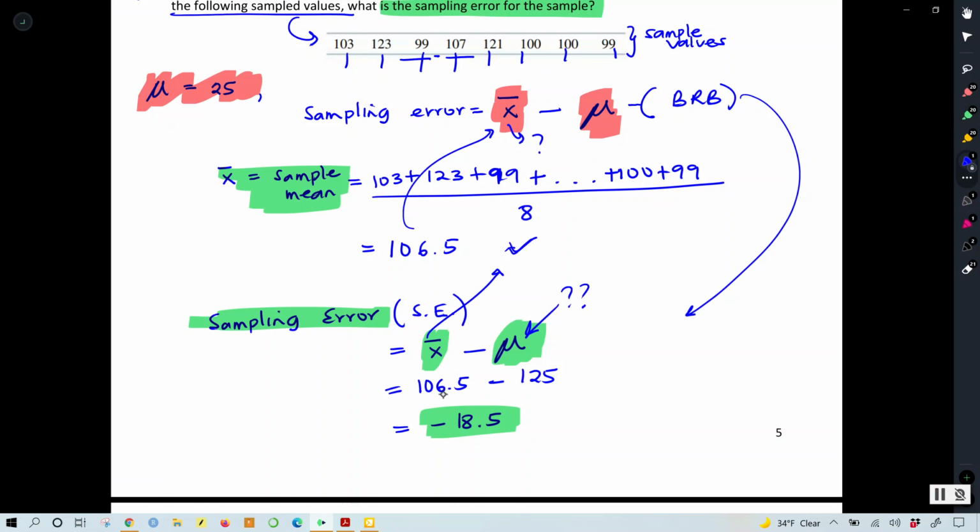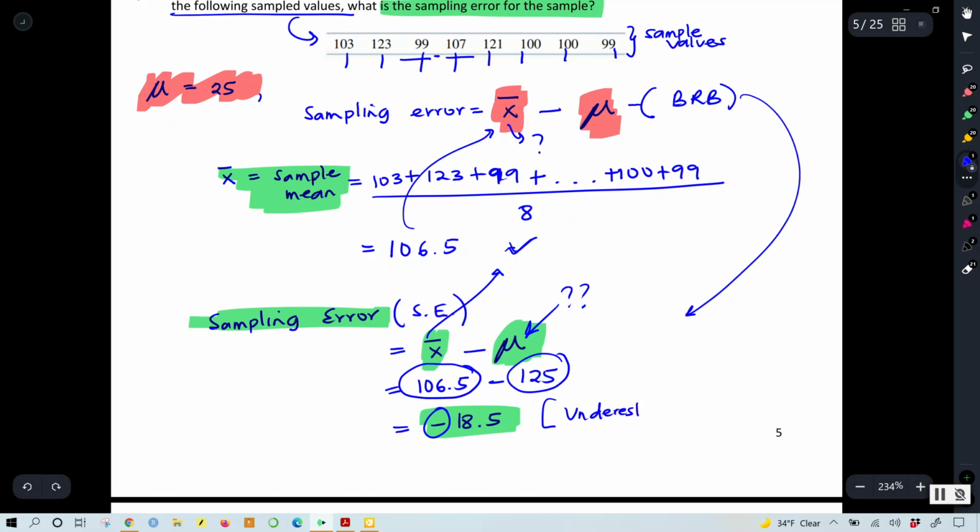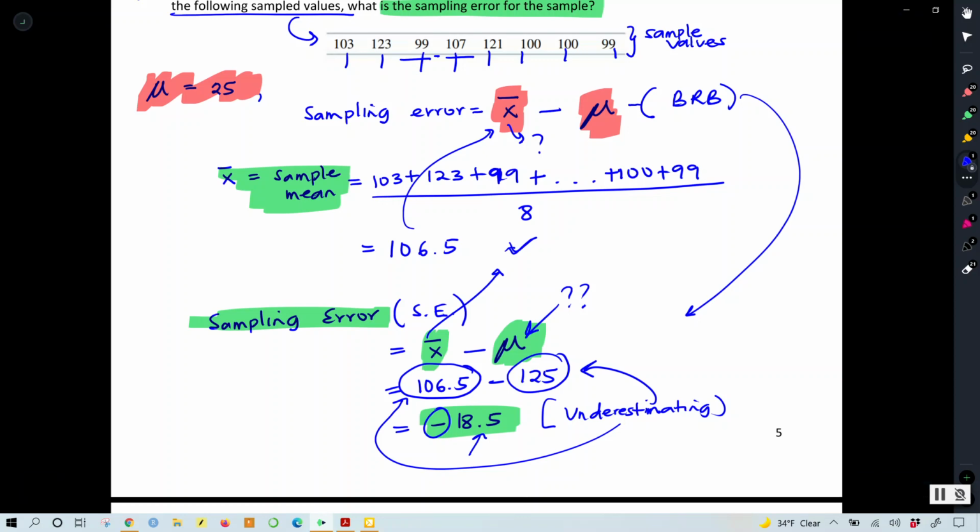And from what I can see, if I'm using my sample mean to guess my population mean, the negative value here means I am underestimating the population mean of actual 125 to be 106.5. So I am underestimating it by a value of 18.5.